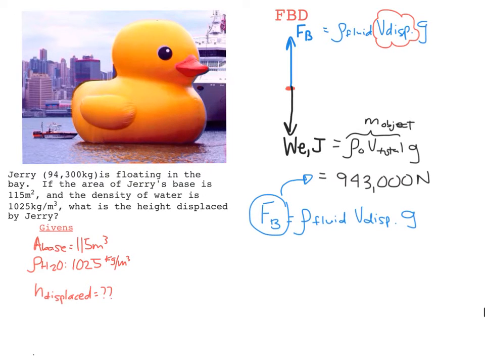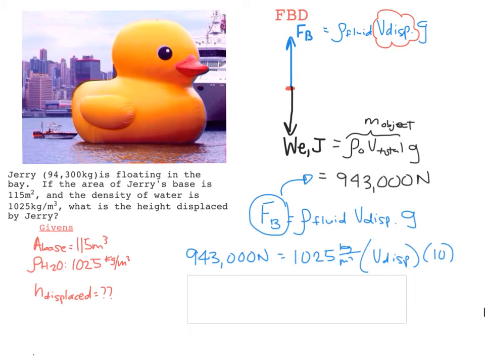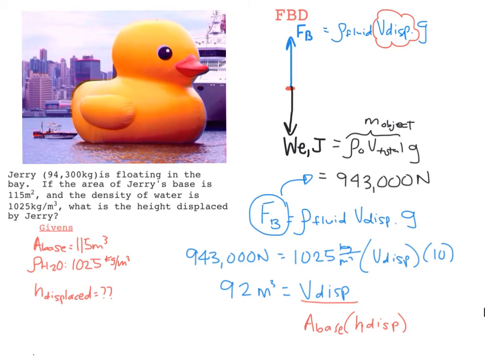So at this point, I'm going to plug everything in, now that I know my buoyant force is equal to my weight. The weight, which is also the buoyancy, is 943,000 newtons, and that equals the density of the fluid times our unknown volume displaced times gravity. Just keep in mind, we're trying to find height displaced, but we have to find volume displaced first. When we do the algebra, we get a volume displaced of 92 meters cubed. I'll remind you that volume is simply area times height.